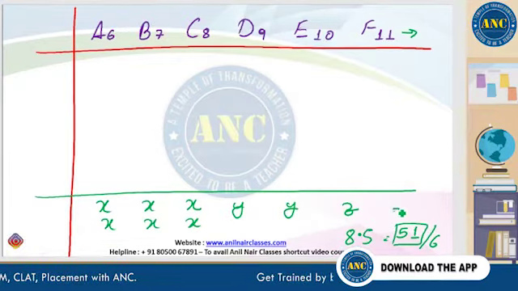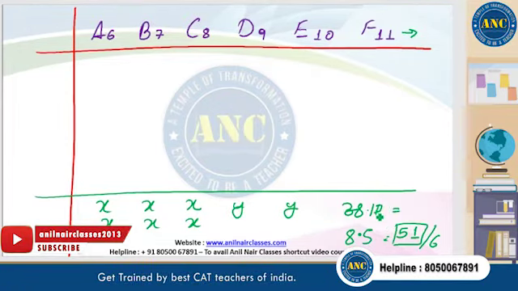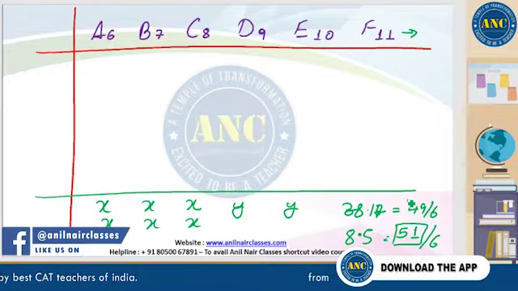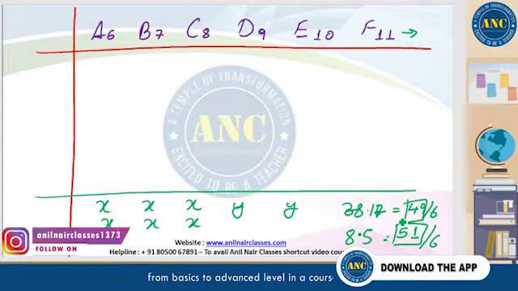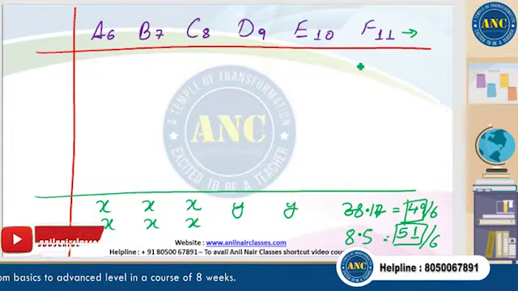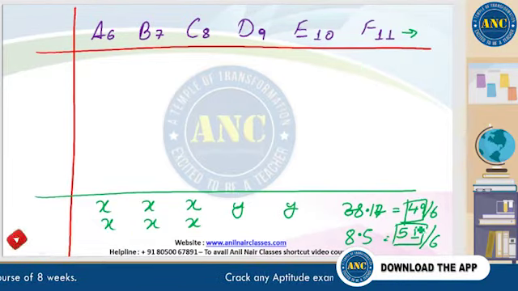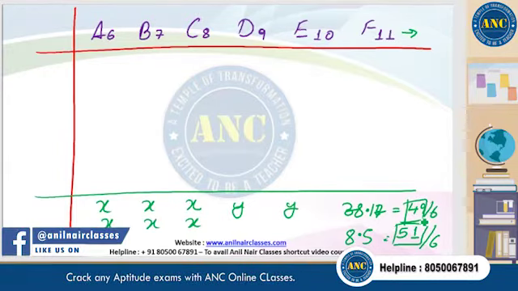That means the average now becomes 8.1666 or 8.17, so the total would become 49. 49 by 6 gives an average of 8.17, which means the total of the shoe sizes of these 6 people should be 49, which also means that we must drop the shoe size of some people.